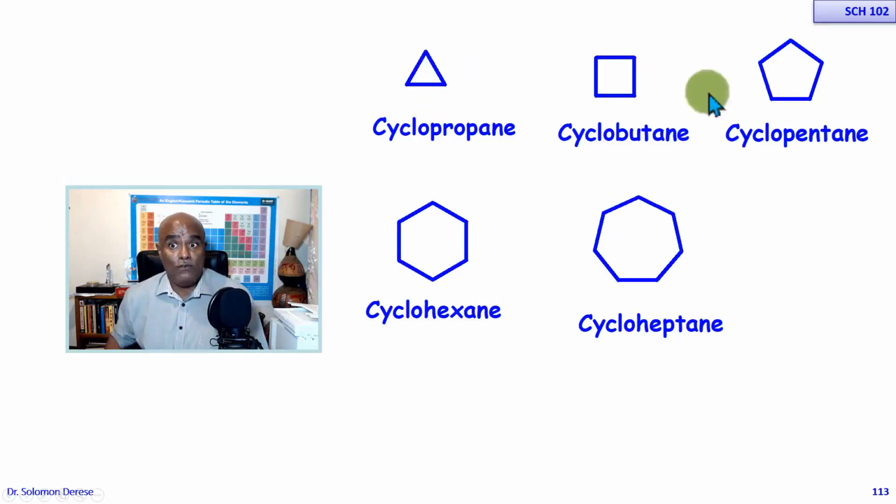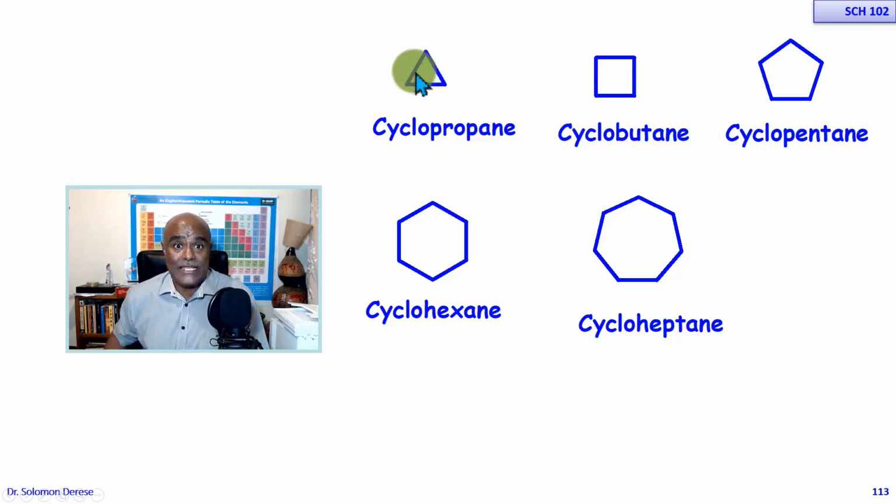Of course, for regular polygons, we can determine their internal bond angle. Since cyclopropane has 3 carbon-carbon single bonds, and all these bonds are the same, cyclopropane is like an equilateral triangle.